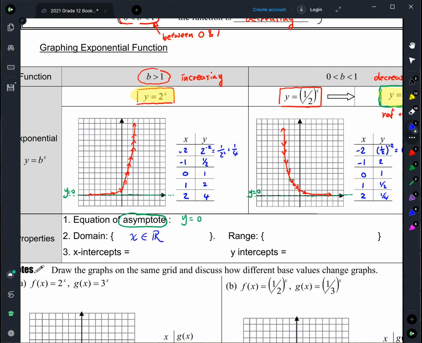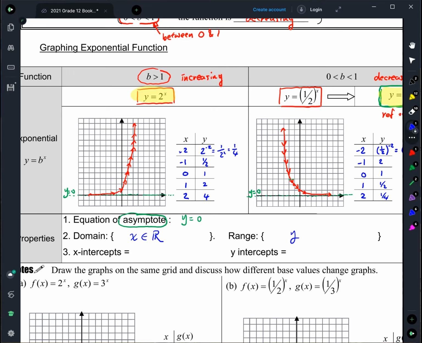Okay, what about the range? Evan, what do you think the range is for these two graphs? You look at the graph, look at the red line. Range means the y value.